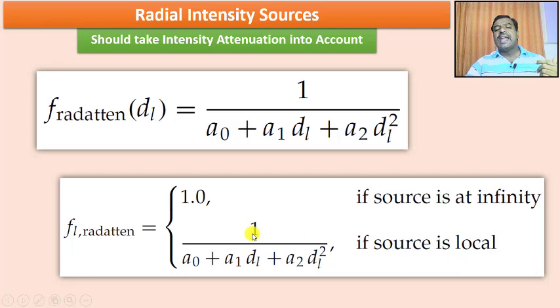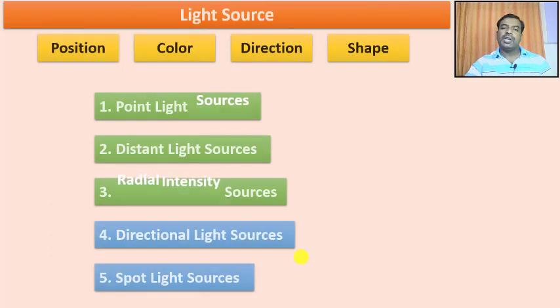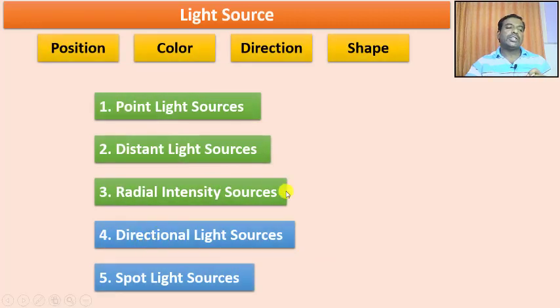That is, it depends upon the distance now. If a light source is at an infinite distance, then there's going to be uniform intensity as 1. And if there is a light source in the local scene itself, in that case, the intensity will vary depending upon the distance of the light source and the object. This is going to be the radial intensity source.